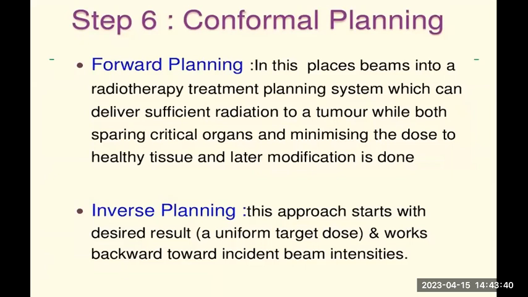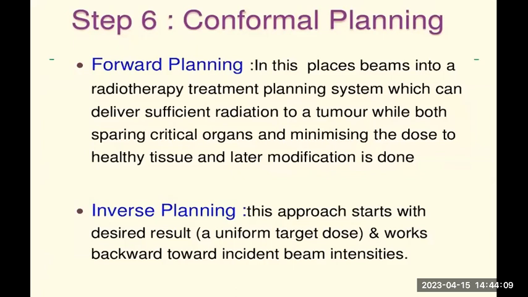We can't define the shape, we just understand that it is like a circular shape, 3 mm. In forward planning, according to that 3 mm tumor size, we design the beam intensity so that minimum healthy tissue damage follows.